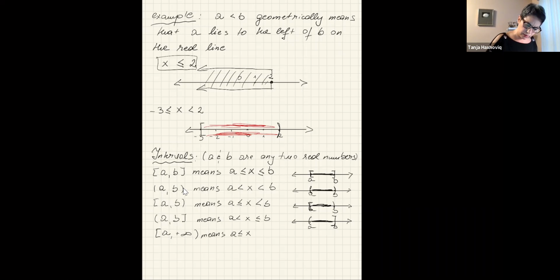In the real line, we're talking about all numbers that are to the right of A, including A, and they go to infinity.